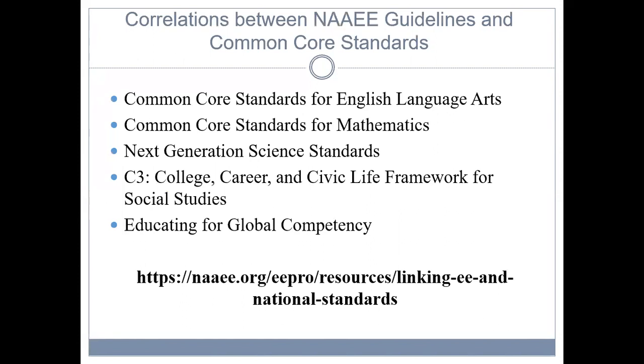So they've already done alignments between the NAAEE guidelines and all of the national standards, and you can find what you're looking for, and see how it relates back to environmental education, or vice versa, see how the environmental education piece correlates within the standards to make that really easy for you to find and use and pull out for your work.